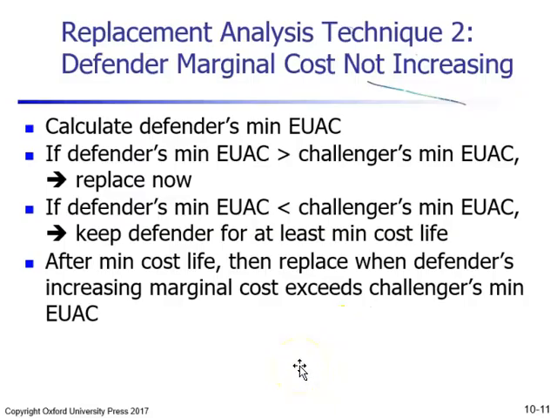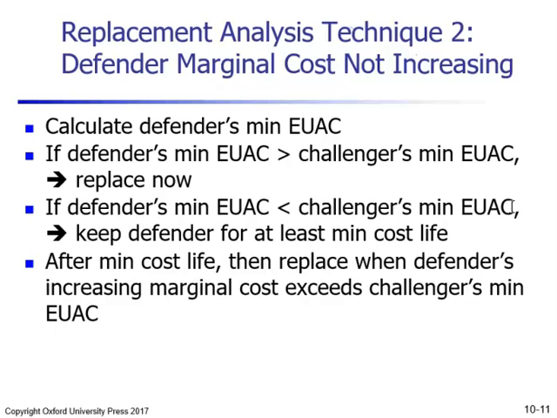Just compare the minimum EUAC of these two cases, and if the minimum EUAC of the defender is smaller than the challenger's, don't do anything, and if it is greater, replace now. And the point that you are seeing now in the slide says if the defender's minimum EUAC is smaller than the challenger's minimum EUAC, absolutely you shouldn't do the replacement now.